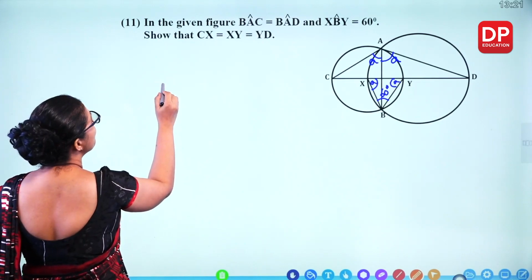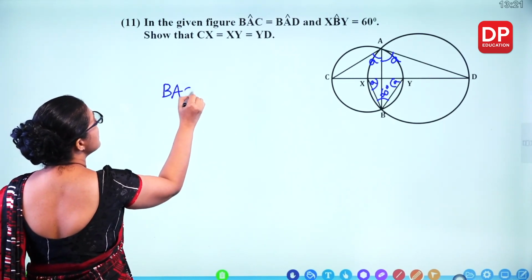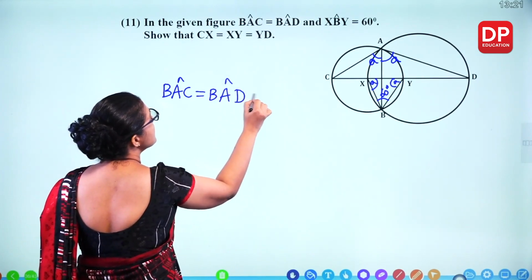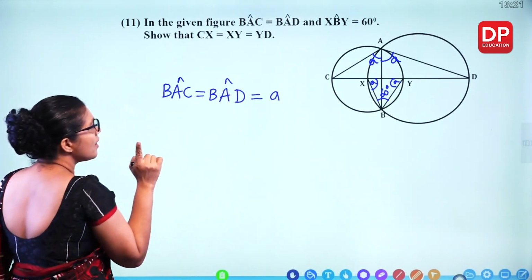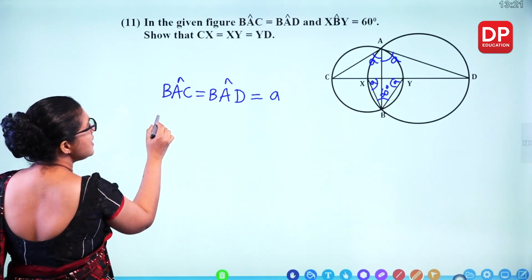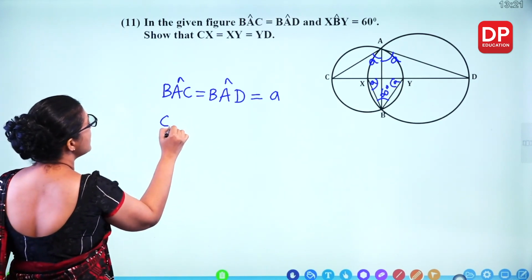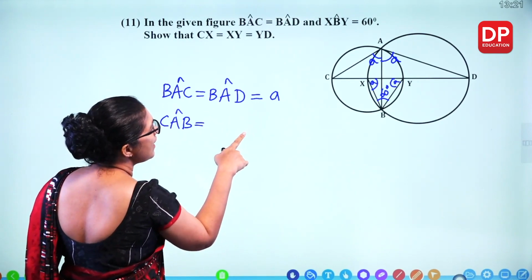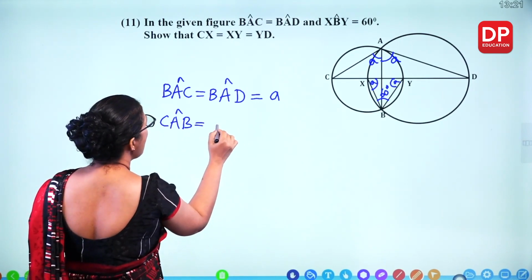So we know BAC angle is BAD. I'll write that's A. And you can write CAB angle is same as CYB.